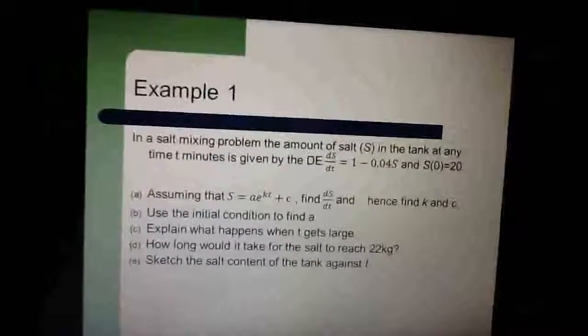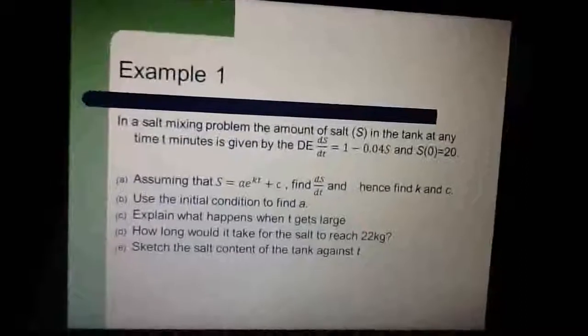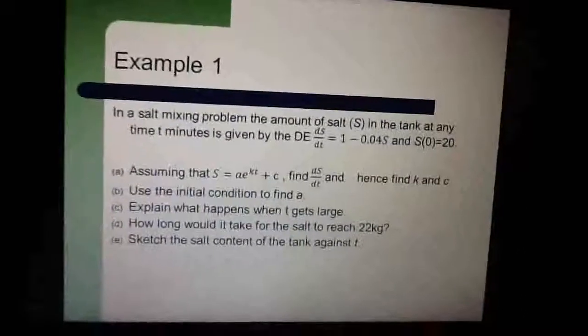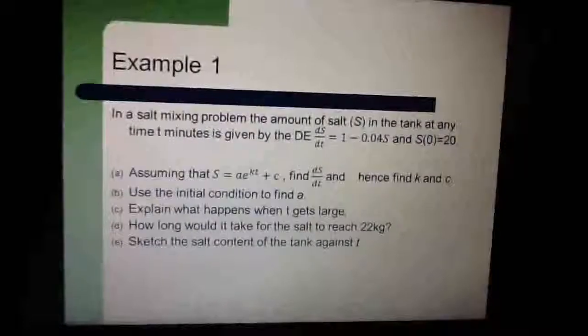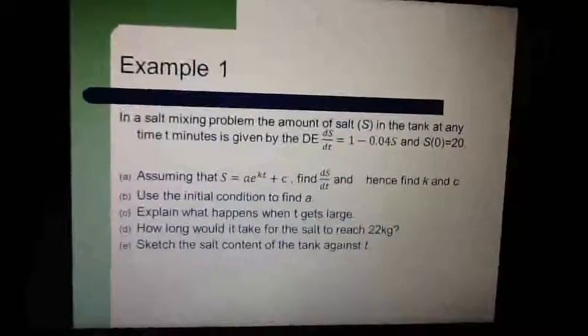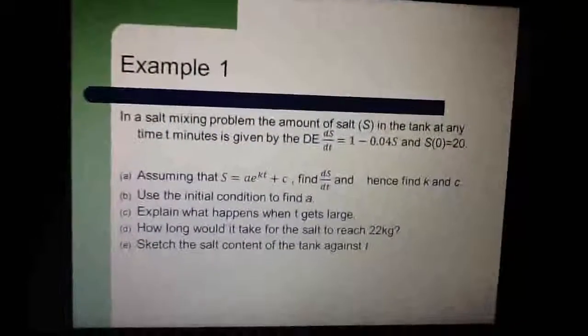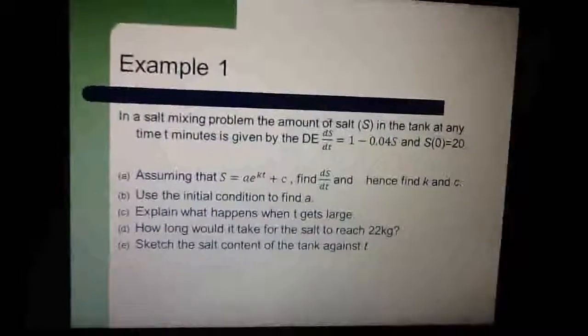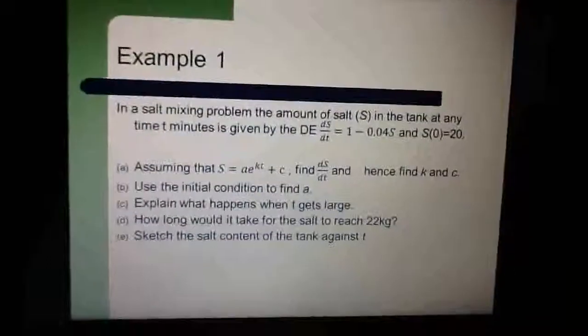Example number 1. In a salt mixing problem, the amount of salt in the tank at any time t minutes is given by the differential equation ds/dt equals 1 minus 0.04 s, and initial condition s(0) equals 20.